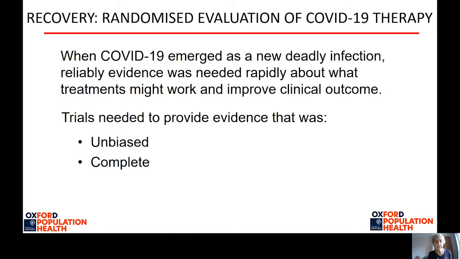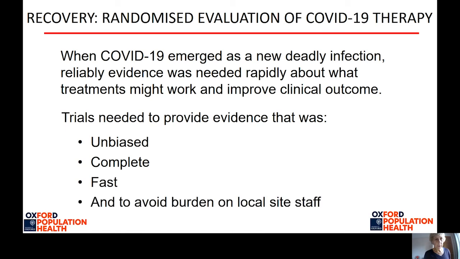And the trials needed to be unbiased, large enough to really get a robust answer, and that meant getting complete follow-up. And importantly, given that this was being run during the pandemic, it was very important to avoid an extreme burden on the local site staff.